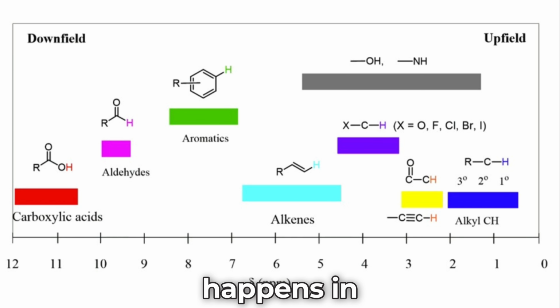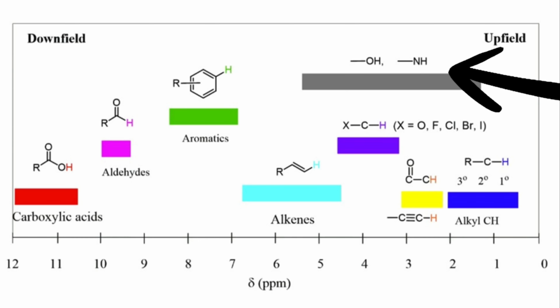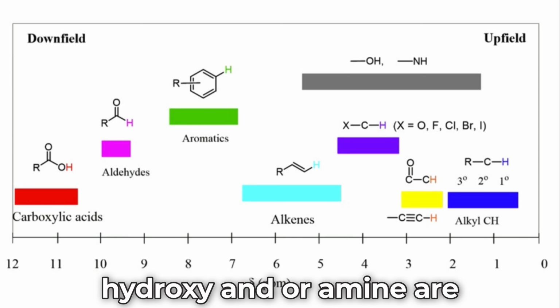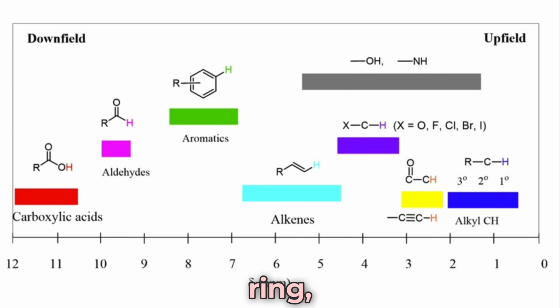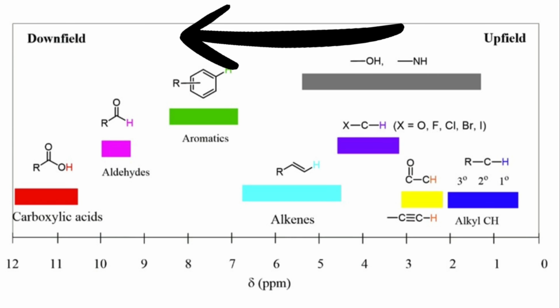A similar thing happens in the case of alkynes. While if a heteroatom is having hydrogen, like hydroxy or amine, they generally appear between 1 to 5. But if this hydroxy or amine is attached to an aromatic ring, it will generally move towards downfield.